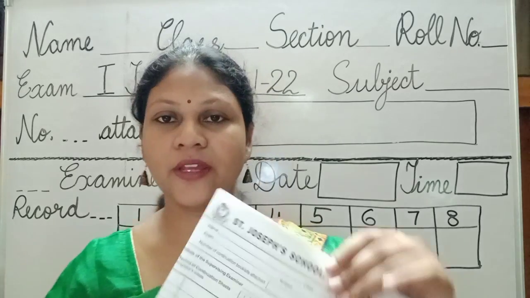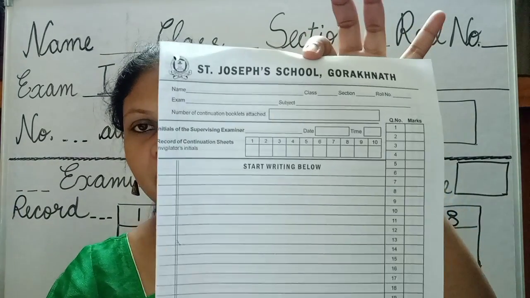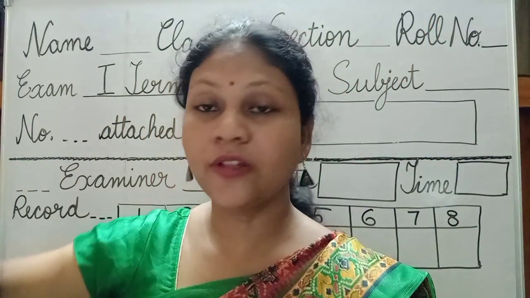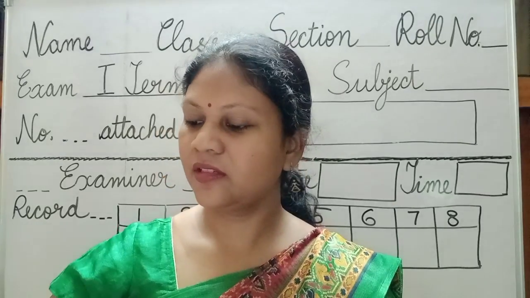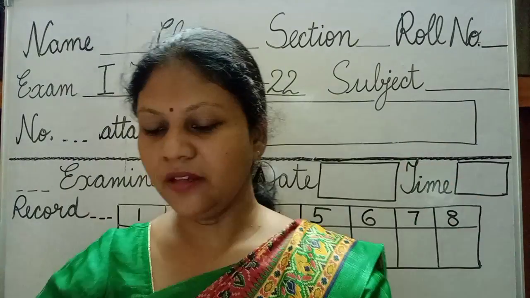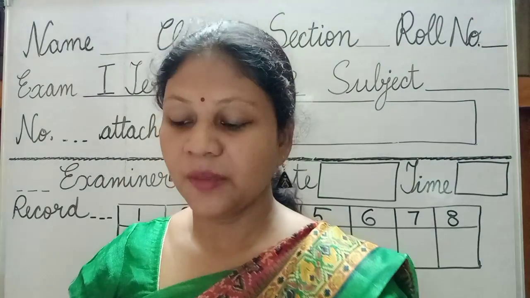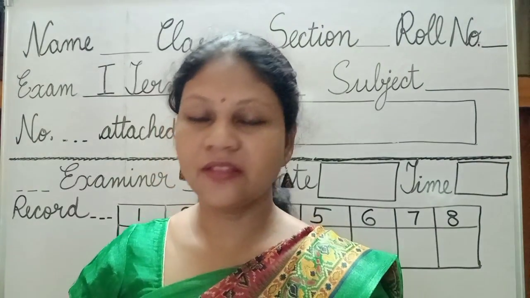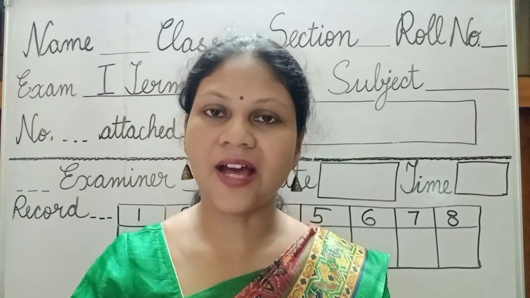Once you complete writing all the answers in the 4 sheets of sheet A, then you need your additional sheets. In that case, you may use either sheet B or sheet C. Before using any of these sheets, please check how many questions are left.